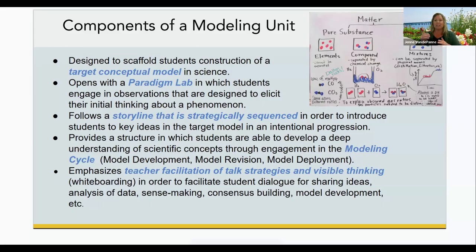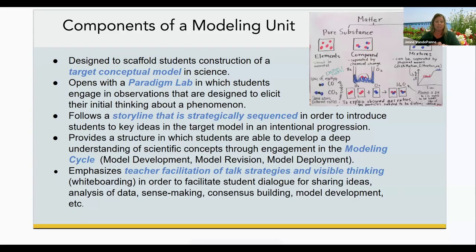And then the activity after that is designed to specify their experiences even further and tighten that up. It's called the modeling cycle, where they develop a model, their conceptual understanding, they revise their understanding when they learn new things, and then they practice their understanding in what's called model deployment, applying it in new situations.